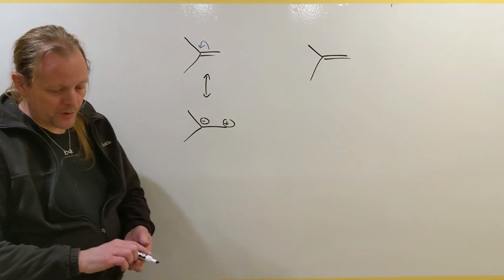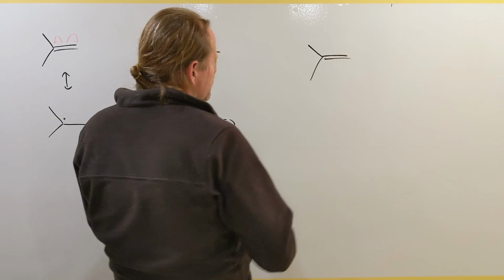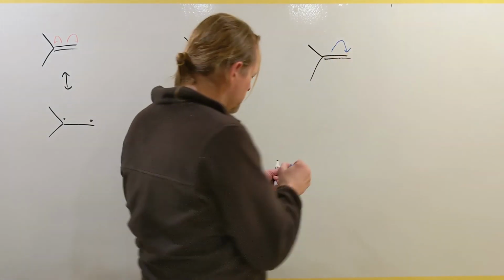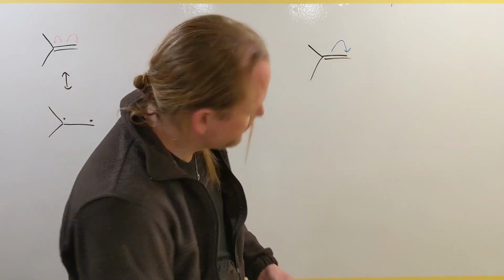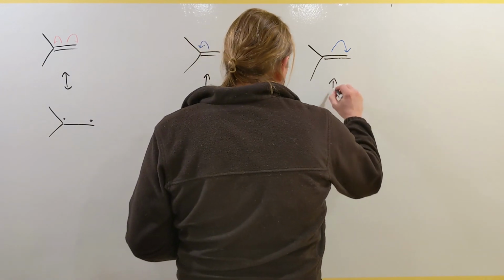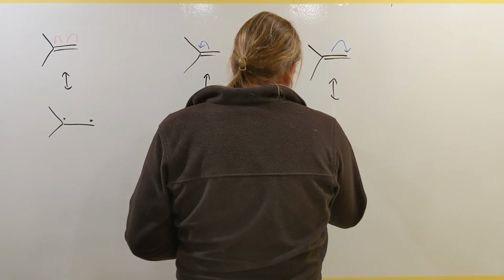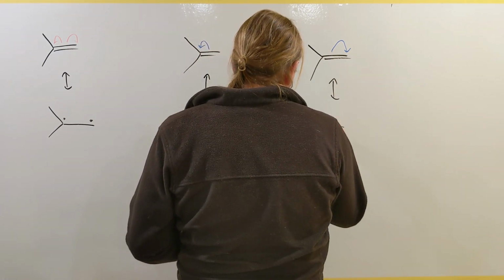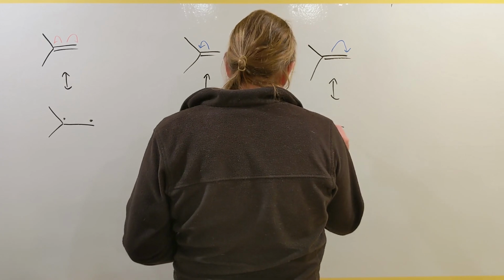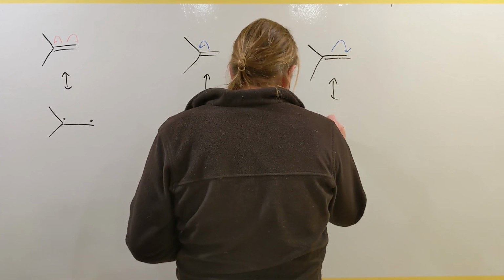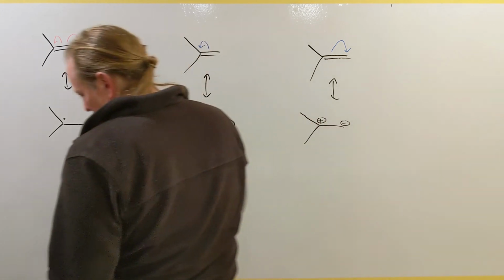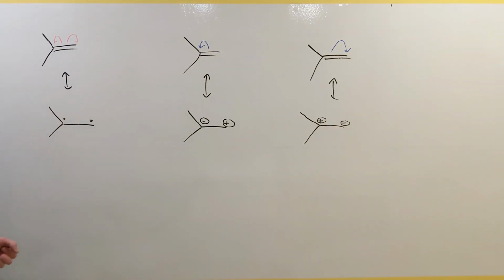The other option, the last one on the far right, breaking the other way. In that case, now we're looking at a negative charge here and a positive charge there.